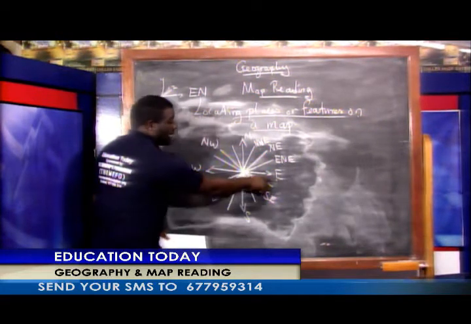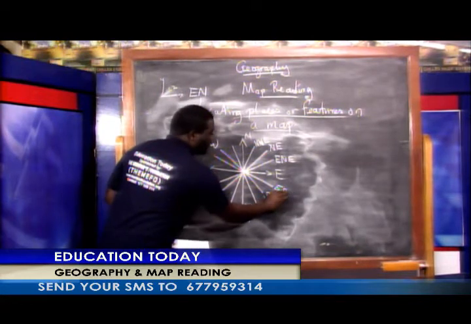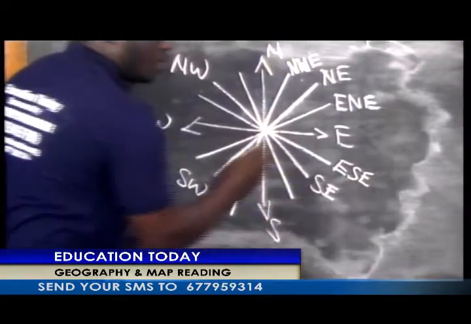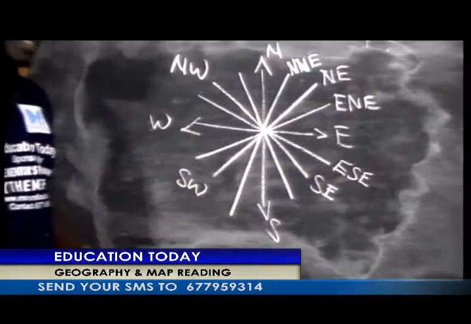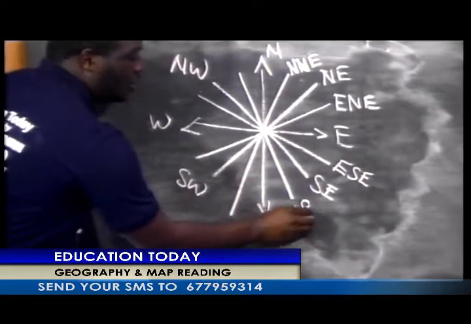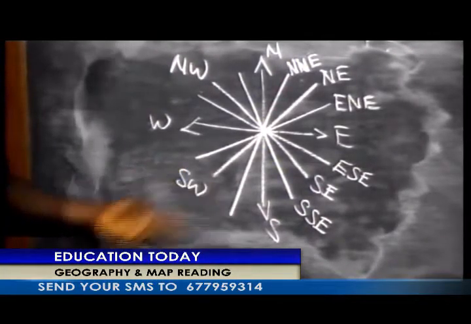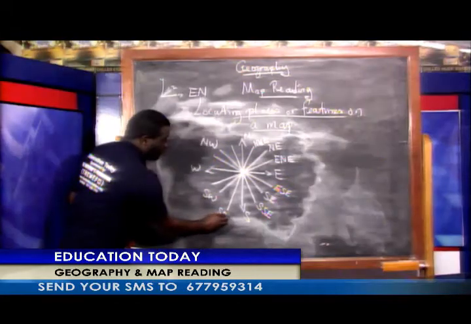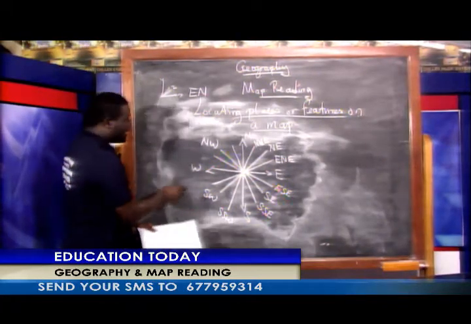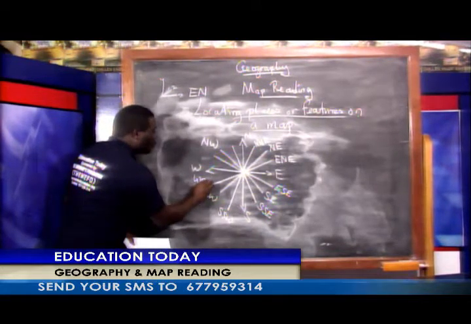Remember, we are still close to the east, so we shall use the east of southeast. At this other part, we are closer to the south, so we shall use the south. So we have south of southeast. The same thing prevails on these other sections. Since we are close to the south, we use the south of southwest, and since we are close to the west, we use the west of southwest.